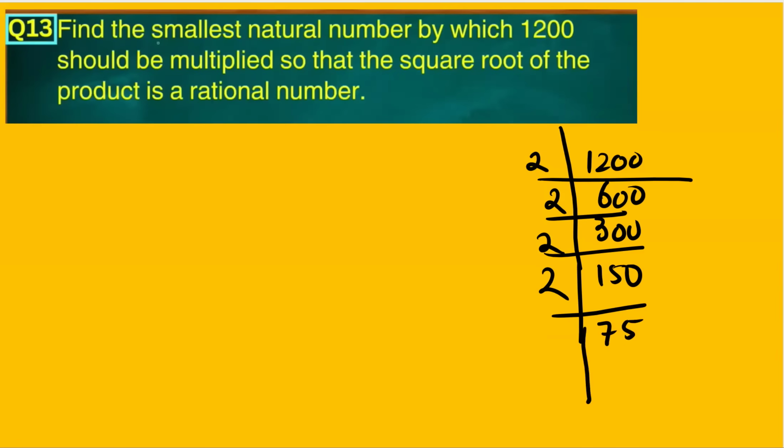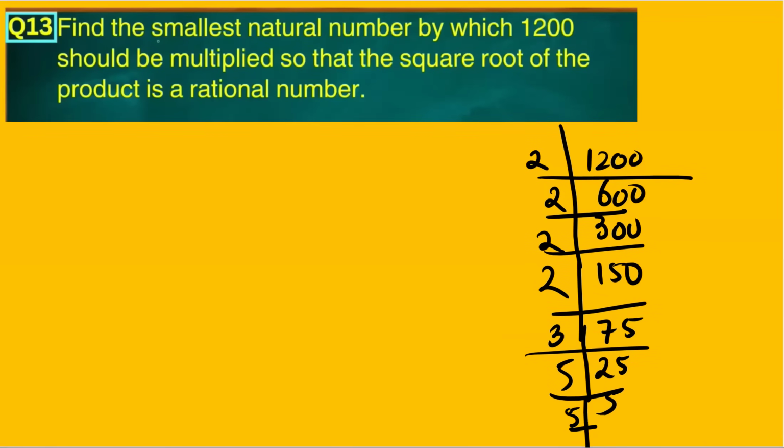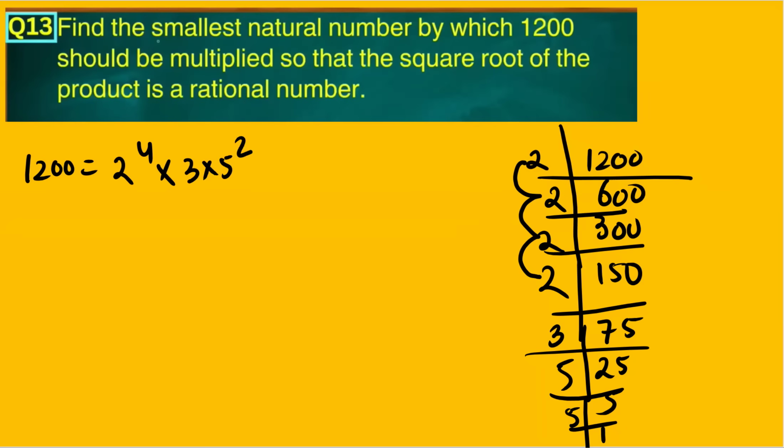Then I'll divide by 3: 75 divided by 3 gives 25. Then 5 times 5, and then 5 times 1. So the prime factorization of 1200 is 2 to the power of 4 multiplied with 3 multiplied with 5 to the power of 2.